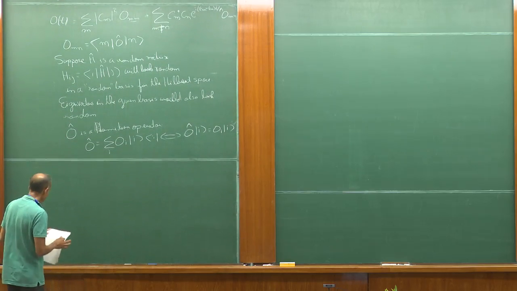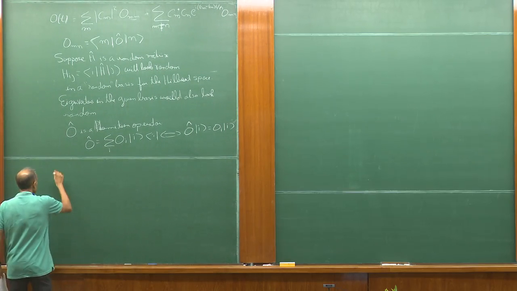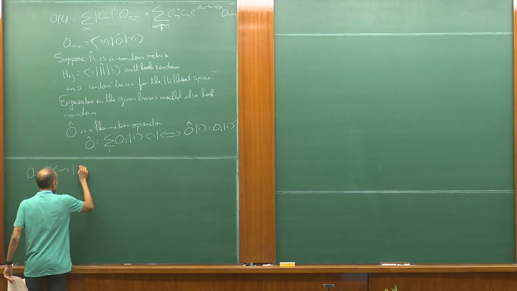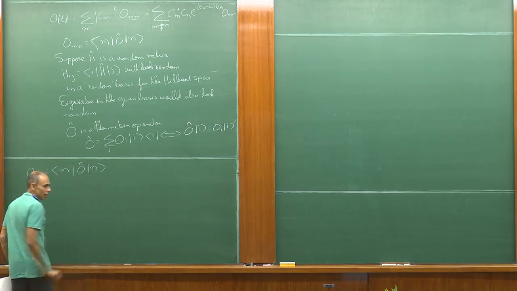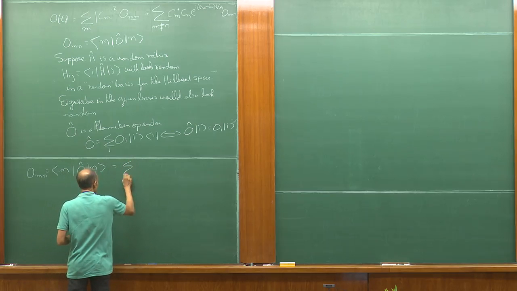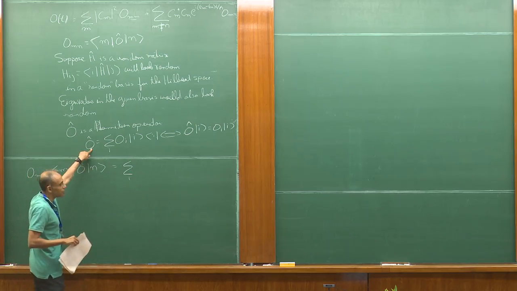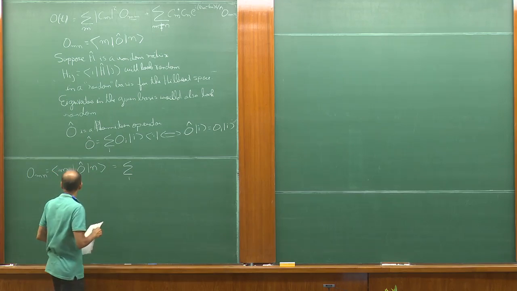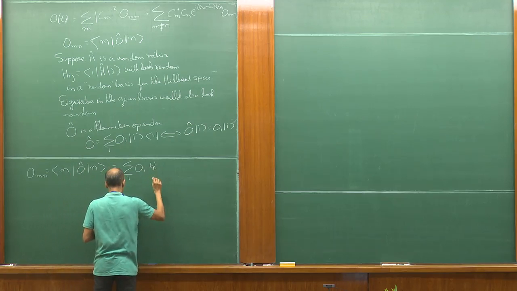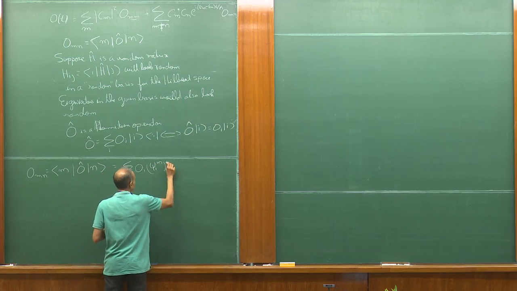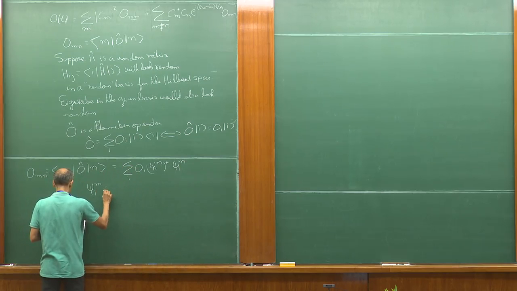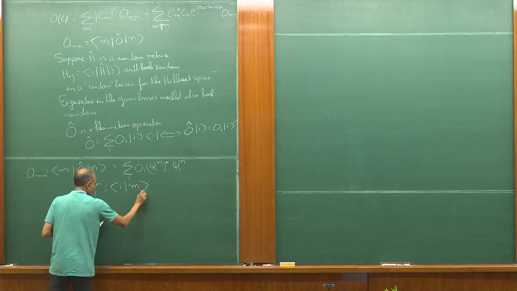So what that implies is the following, that if you're now looking at the matrix element of O hat, so this is O_MN, between eigenstates of the Hamiltonian, that is going to be equal to a summation over I of O_I. Okay, so I can just take this expression for O hat, plug it in here, and I'm going to get O_MN equal to the sum over I of O_I psi_I m star psi_I n, where psi_I m is equal to the overlap of the state I with the eigenstate m.